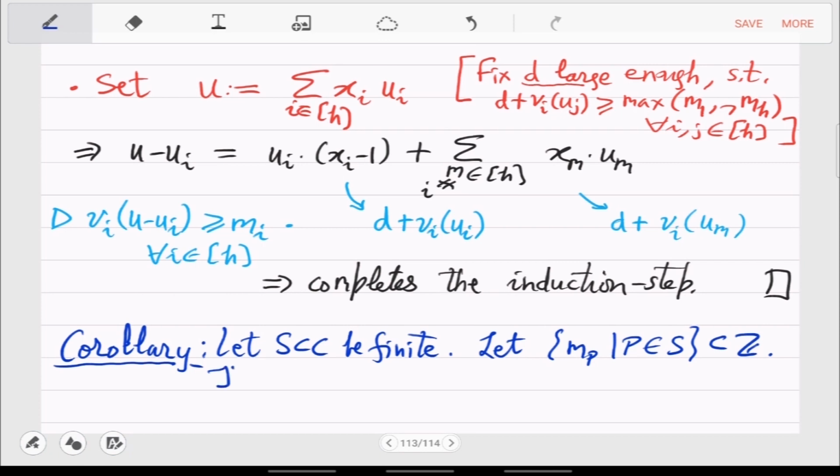Then there always exists a rational function f. So K, remember, is this function field of the smooth projective curve, such that these multiplicities are matched.